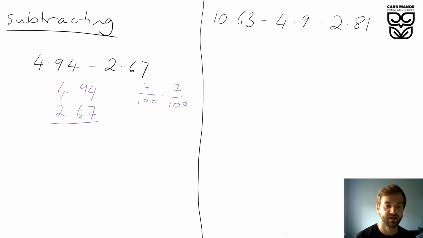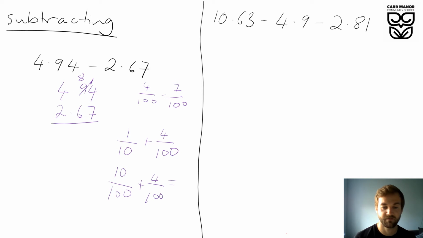So what we need to do is take a tenth off here and replace it, so the 9 tenths become 8 tenths. I'm taking a tenth off that and adding the tenth onto here. The reason it becomes 14 is because I'm essentially adding a tenth onto the 4 hundredths to make it possible to take away that 6 tenths. So 1 tenth add 4 hundredths is the same as 10 over 100, add the 4 hundredths.